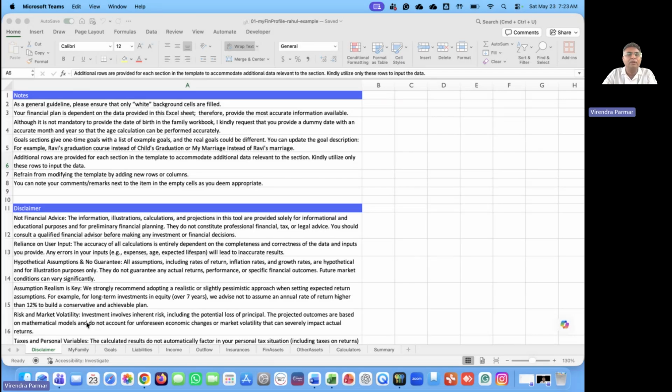The most important part for filling up this document is, in general, you have to fill up only white background cells. I've used three colors: blue for heading, white for where you can fill up, and gray for mostly formulas or data picked up from other parts. So let's begin.